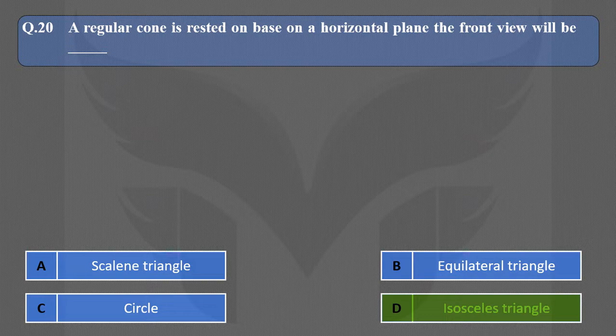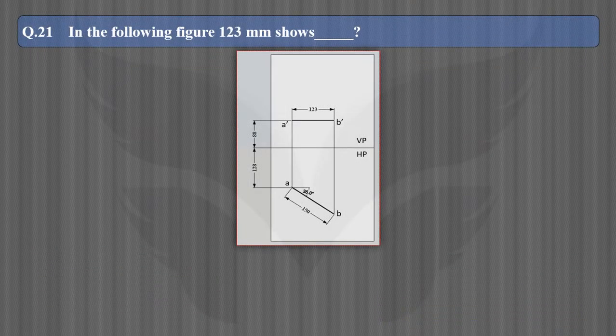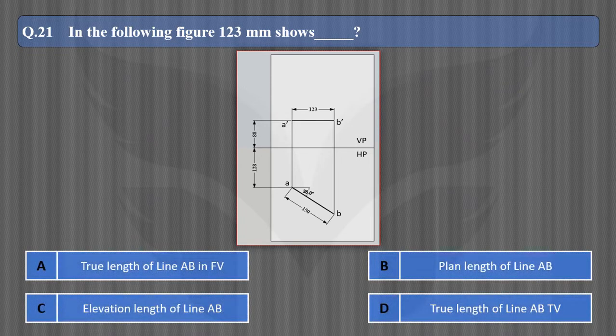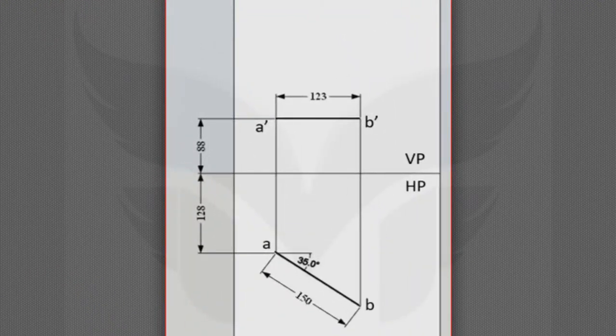Let's see the next question. In the following figure, 123 mm shows dash dash and options are, alright, ask yourself, the length of a line appearing in the front view, is it a true length? No, it's not, because the true length of the line is actually appearing in the top view, which is 150 mm.